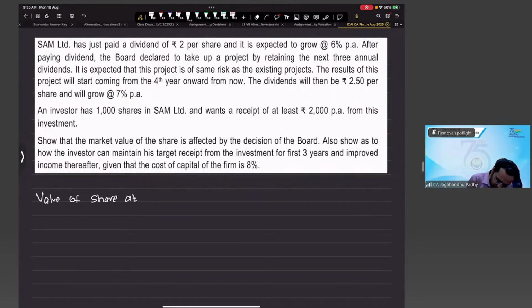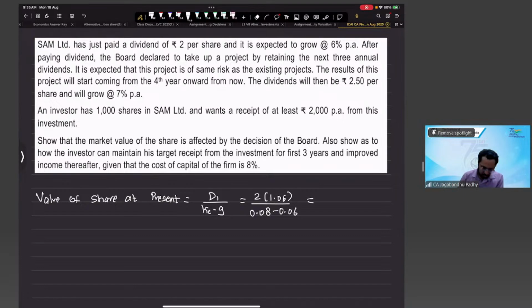That will be simply D1 upon K minus G. D1 is going to be the dividend with the growth rate added, so that's 2 into 1.06, upon cost of capital of the firm, 0.08 minus 0.06. So what's the value of the share at present?